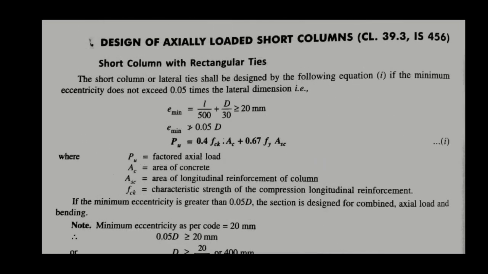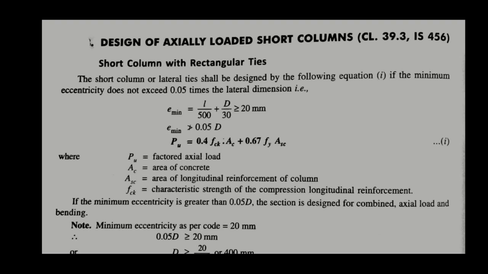Now see here, whatever we read in IS code is written here for axially loaded short column with rectangular ties. The short column with lateral ties shall be designed by the following equation if the minimum eccentricity does not exceed 0.05 times the lateral dimension.